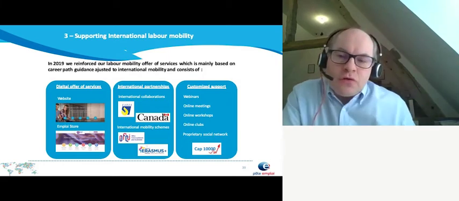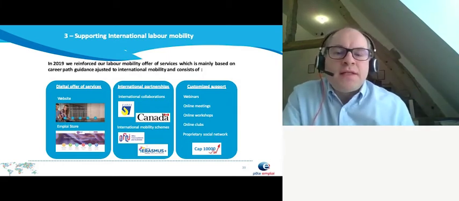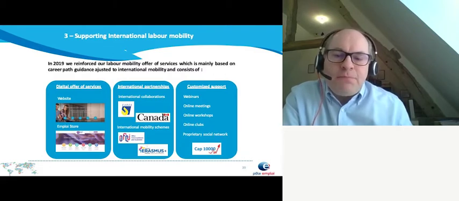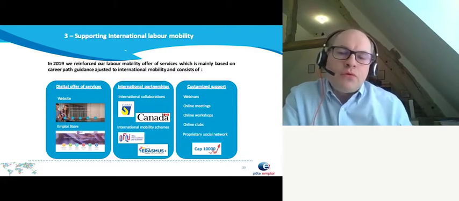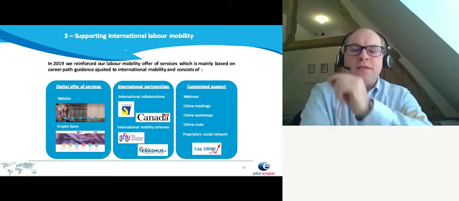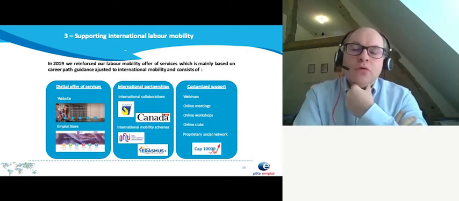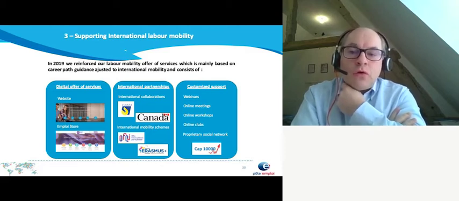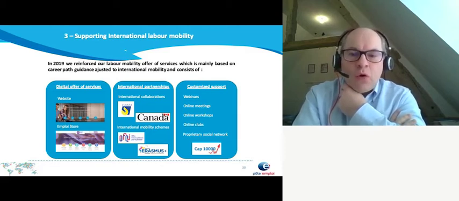The third lever here is customized support. This is something that has been implemented by our team members, our advisors. It's dedicated support for our job seekers who wish to go abroad. This is delivered through 2 webinars, different online meetings. We also have online workshops, online clubs.